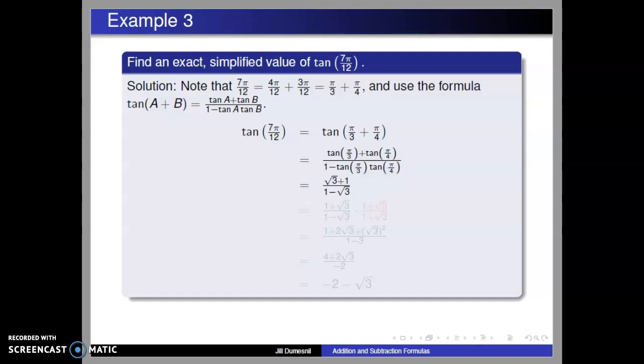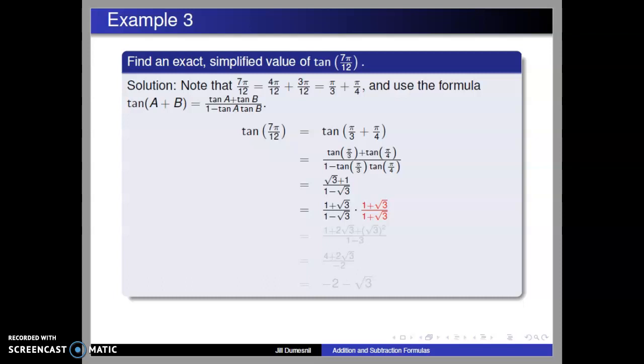This expression is not simplified due to the radical in the denominator. We multiply by a clever 1 of the form 1 plus root 3 over 1 plus root 3. We've chosen the conjugate of the denominator to utilize what we know about the difference of squares.